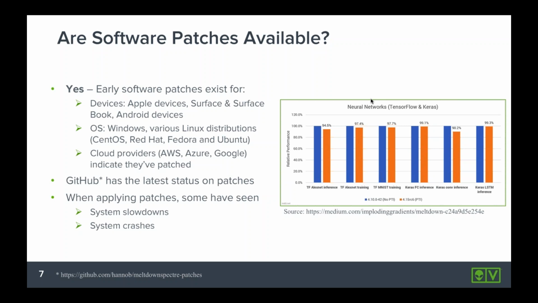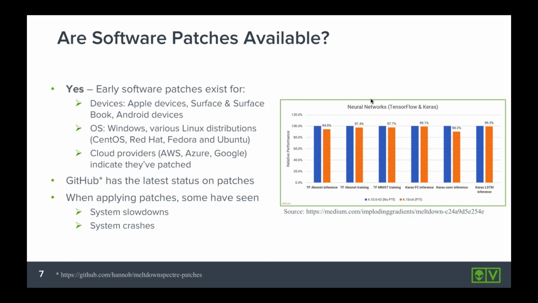There are ones out for CentOS, Red Hat, Fedora, and Ubuntu. Debian has one currently in test. In fact, there's a good site on GitHub that shows all the latest statuses on patches if you want to investigate that yourself. Again, that's an area where something like Alien Vault can really help to identify not just where the vulnerabilities are, but whether there are available patches to deploy.